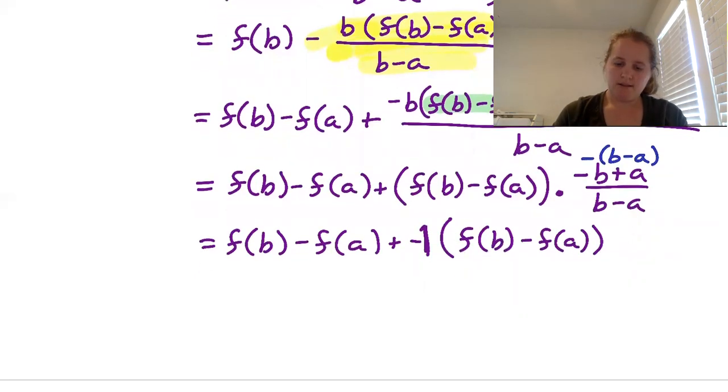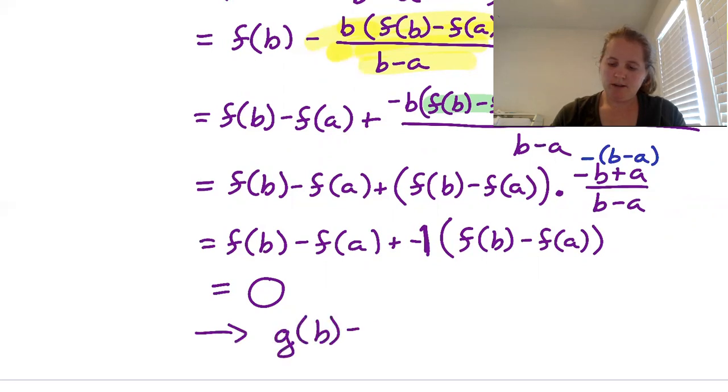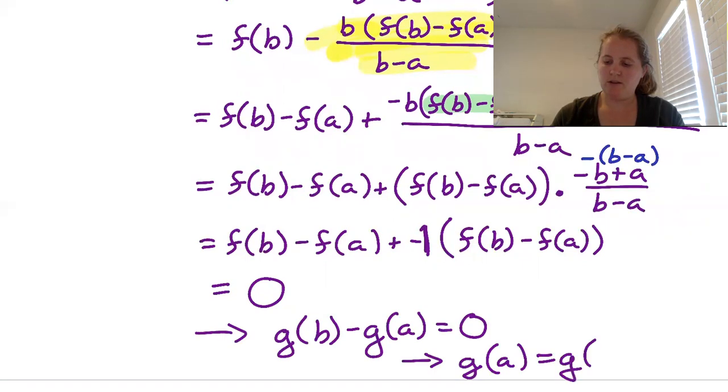And this is just 0. So again, therefore, g of b minus g of a equals 0, and therefore g of a equals g of b.